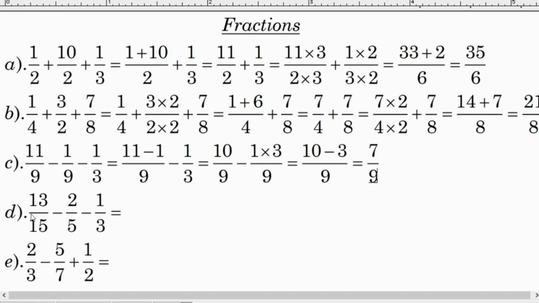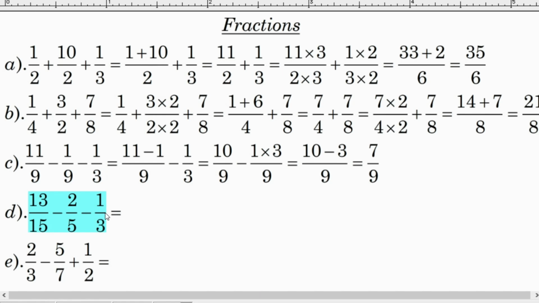Alright, so now we have to calculate the first two fractions here. But we also can subtract these three fractions at the same time. We just need to find the same denominator for each fraction.